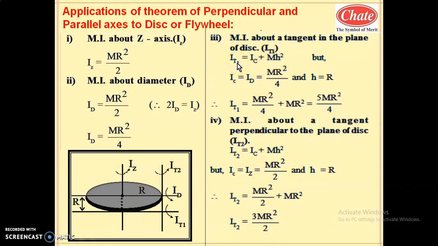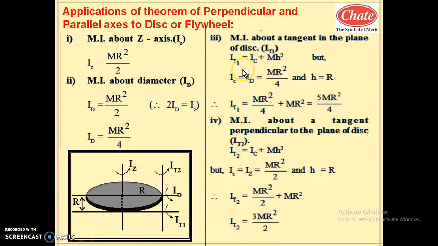So It1, this axis tangent in the plane of the disk, is parallel to the diameter axis which passes through the center. Hence Ic equal to Id. Here Id will be mr square by 4, which is half of the Iz value.